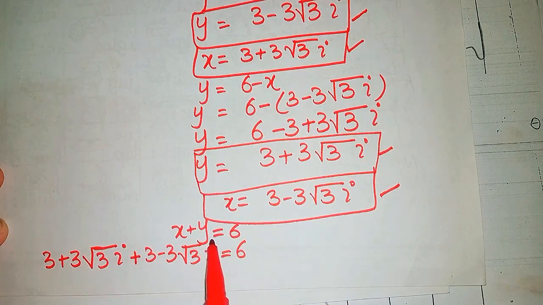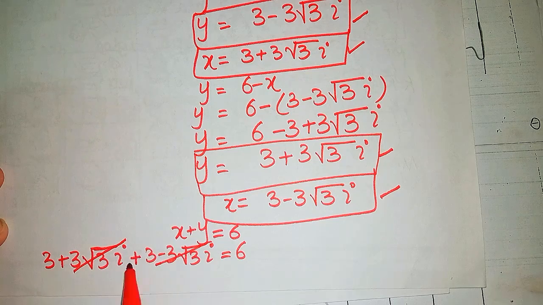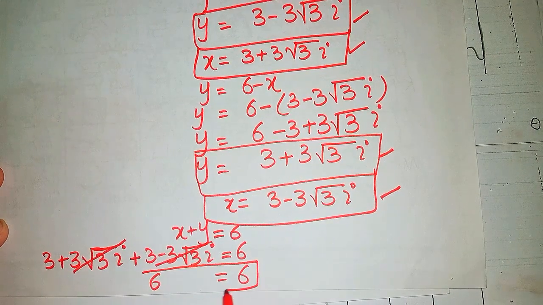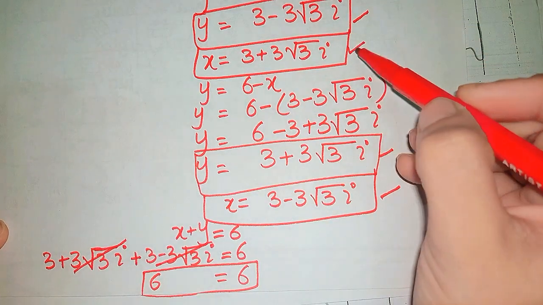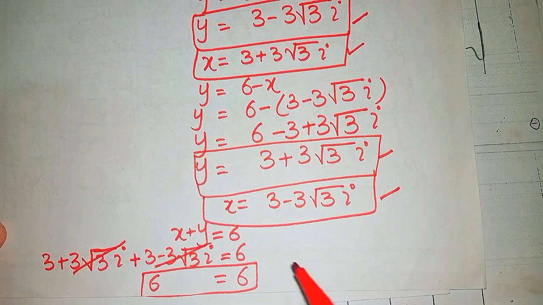This negative value cancels with this one, and 3 plus 3 becomes 6 equals 6. So we can say that these x, y values verify our equation 1.